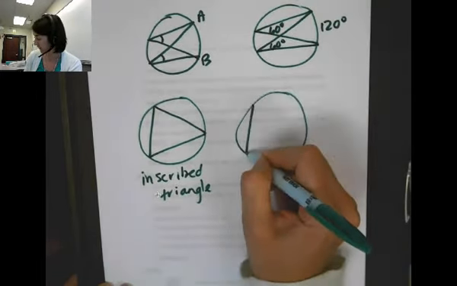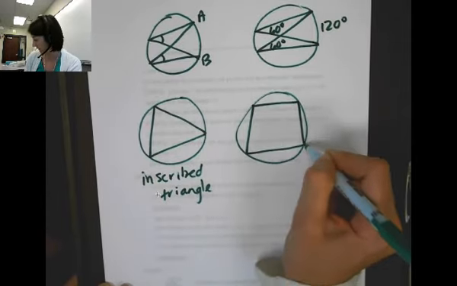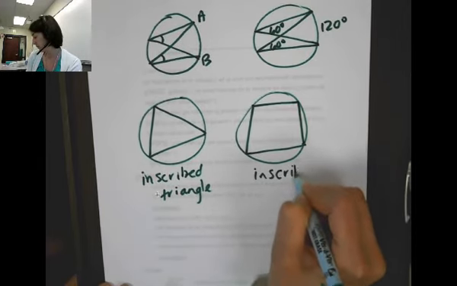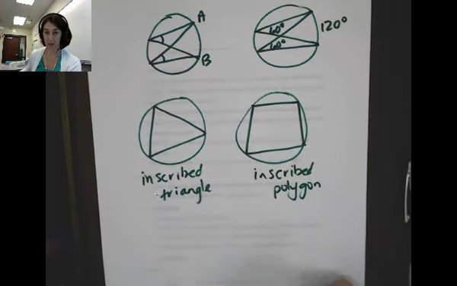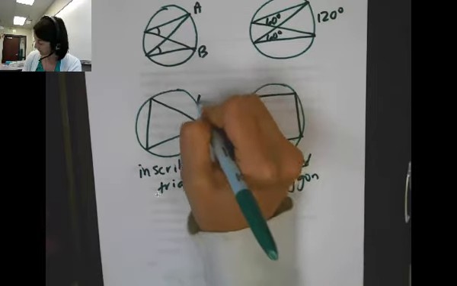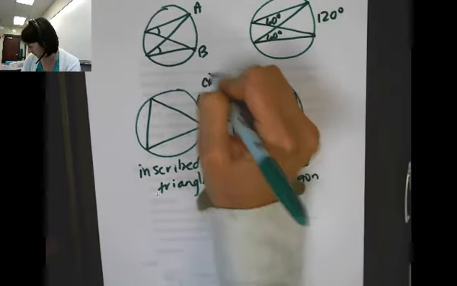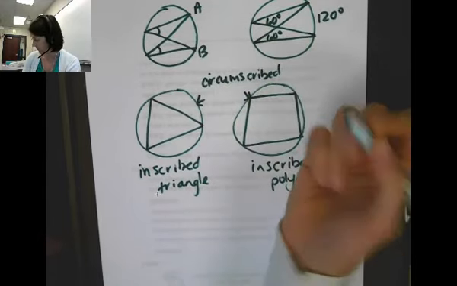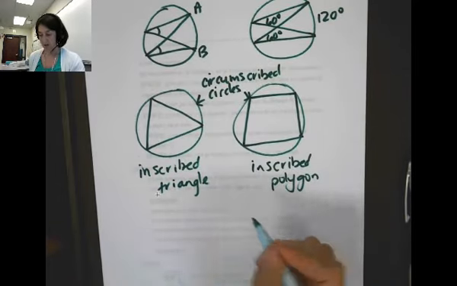You could have any number of inscribed polygons, but all the vertices would have to be on the circle itself. There's a couple cool things we can learn about those inscribed polygons. Oh, and there was one other vocabulary item. These circles then are called circumscribed circles.